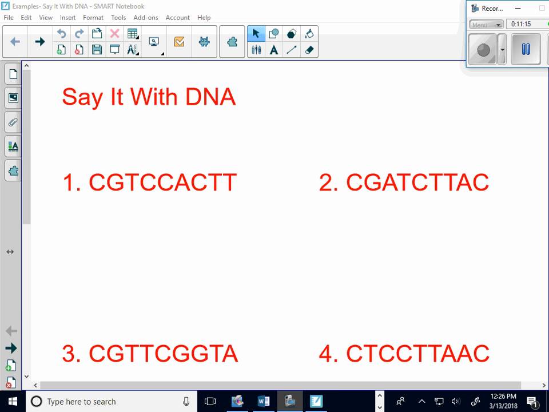Okay, folks, what we have here, with our say it with DNA, this is just a practice in which we will be doing some of these decodings with the DNA. Now, what this process has done is it has made the DNA codes go with letter symbols.